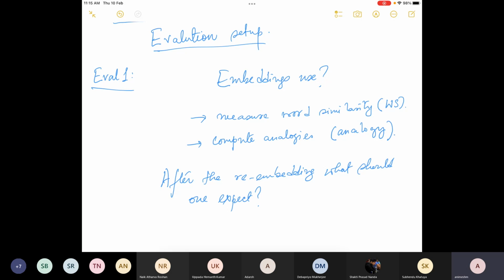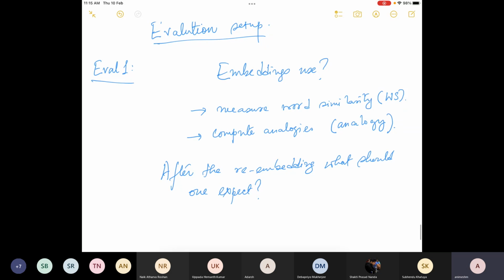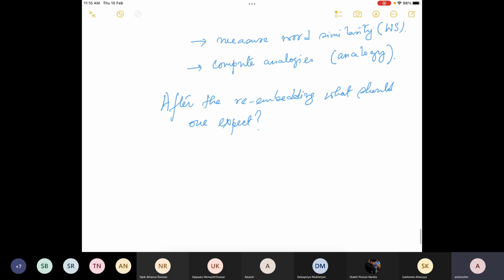So if I was doing some X performance on some task and now I am changed, my performance should not degrade. Now I am changed for some other objective. My performance in the original task should not degrade, right? And therefore, the authors measured, on some standard data sets, the performance of the original embeddings and the debiased embeddings.